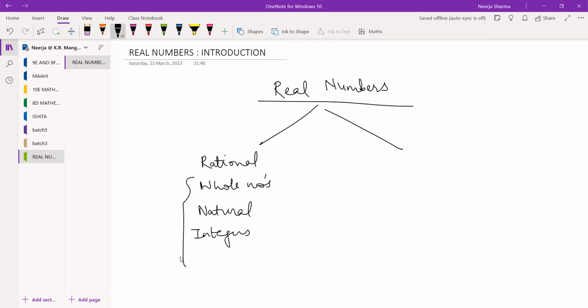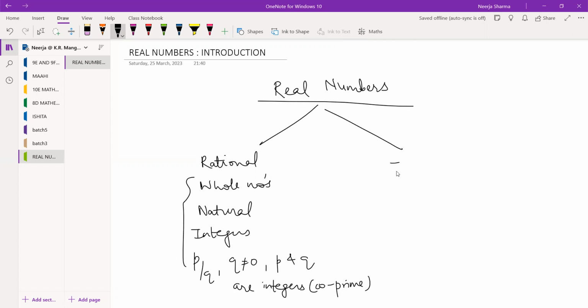So we can say a number in the form of p by q, where q is not equal to 0, and p and q are integers. In class 10, we're going to add one more term to it, co-prime. We'll talk about it later.